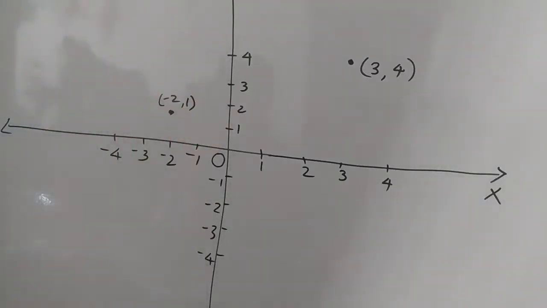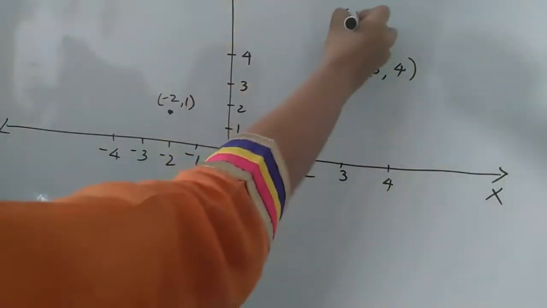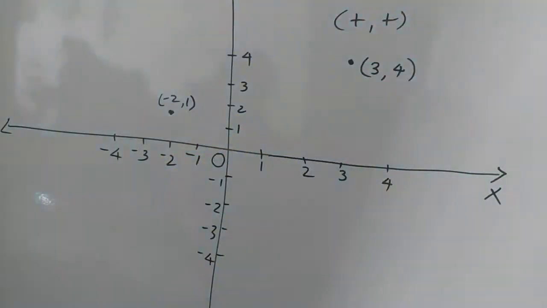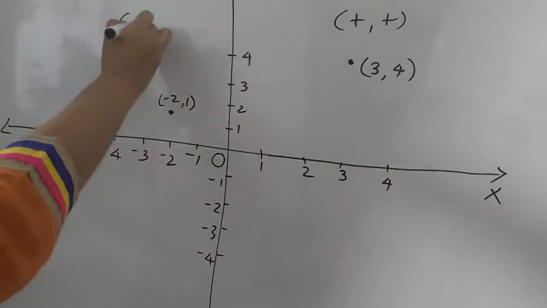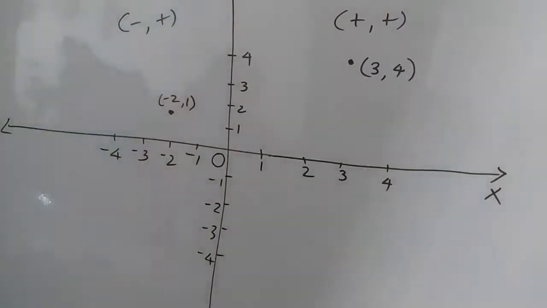So from that you can see that here in the first quadrant both the coordinates are always positive, and here in the second quadrant the x coordinate is negative and the y coordinate positive. Then next, in the third quadrant the x coordinate is negative and the y is also negative. In the fourth quadrant, x is positive and y is negative.